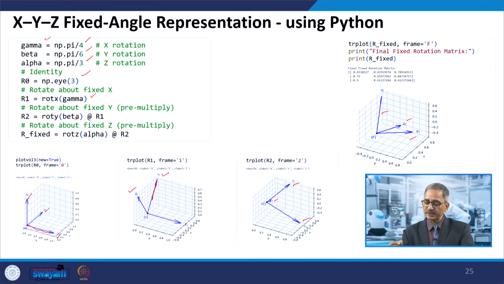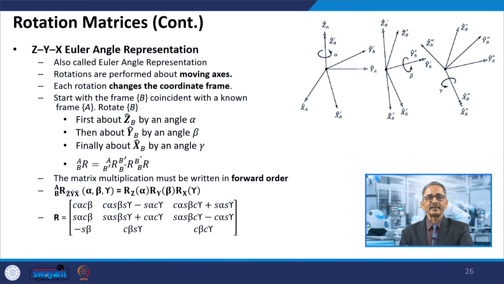Okay. So, this way my final matrix turns out to be like this. Remember here in the xyz fixed angle representation, all rotations are performed about fixed axes, okay, xa, ya and za, okay, fixed axes.